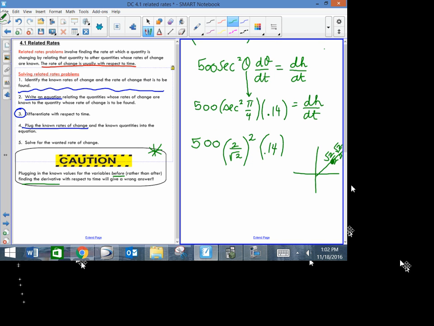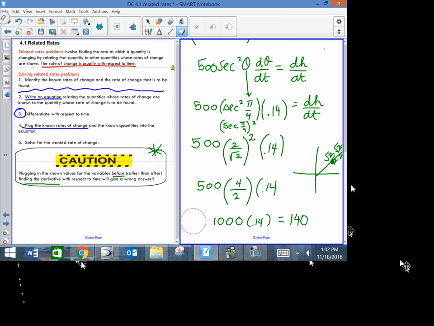Remember, secant pi over 4 squared. That would be 4 over 2, which is 2. So I got 1,000 times d theta dt.